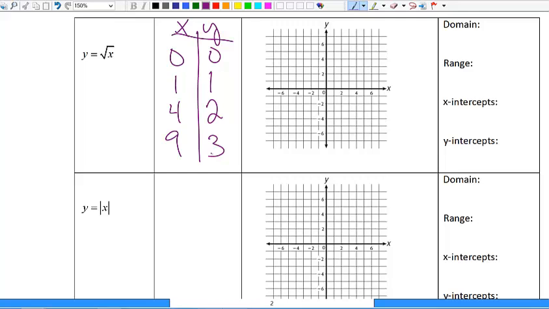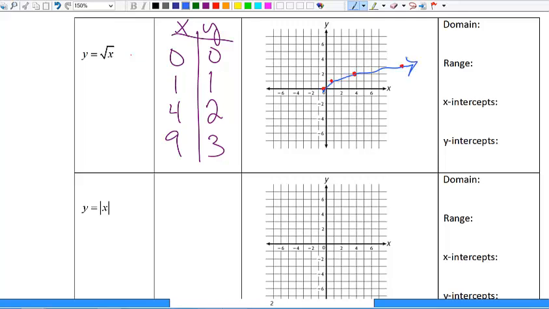There'll be plenty of time to deal with imaginaries later on, but not today. So we're going to plot those points: 0, 0, 1, 1, and over 4, up 2. Now I'm going to estimate where 9 is on this, so you can see that it's a slowly increasing graph.